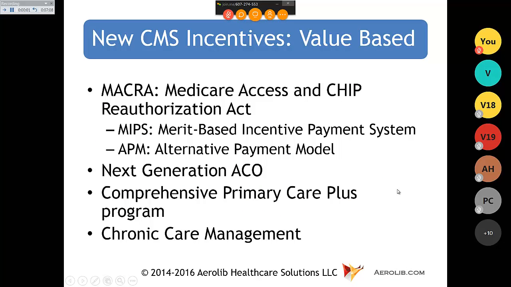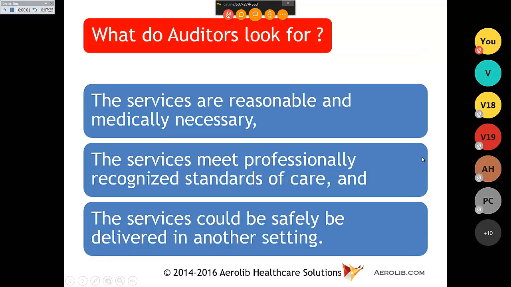Now, in addition to the MACRA, MIPS, and APM, there are these next generation ACOs, Comprehensive Primary Care Plus programs, and chronic care management programs. In short, it is payment reform. What it doesn't change is the documentation requirements that we as providers need to put in. So what do these auditors look for?